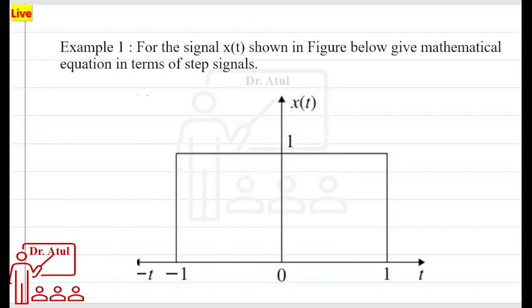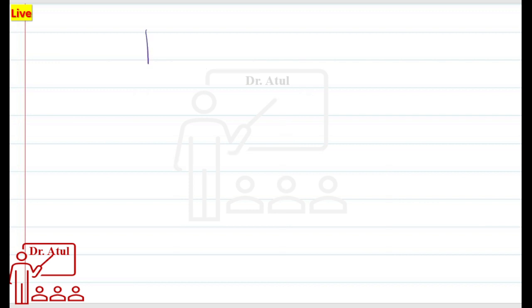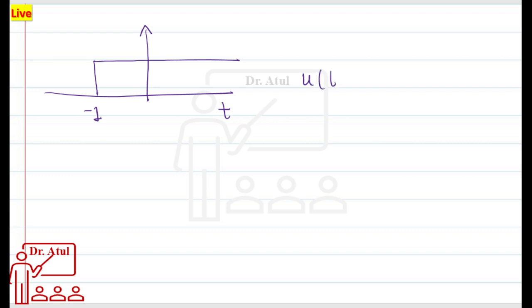So I can write a unit step function starting from -1 first. A unit step function starting from -1 is written as u(t+1). Starting from the left side means +1, starting from the right side means -1.